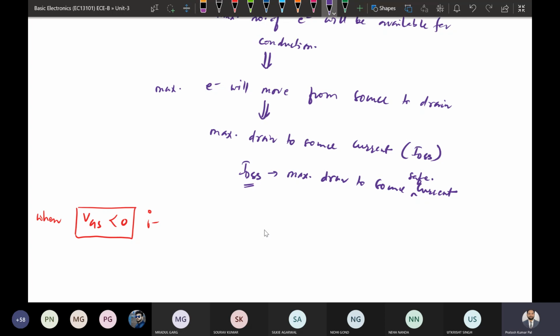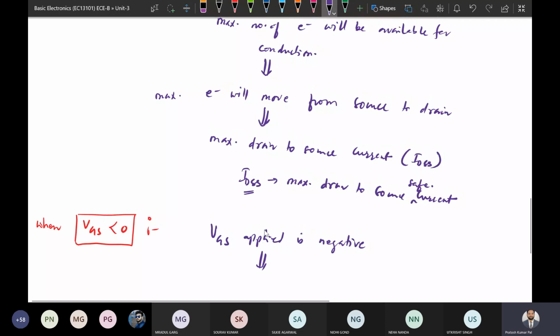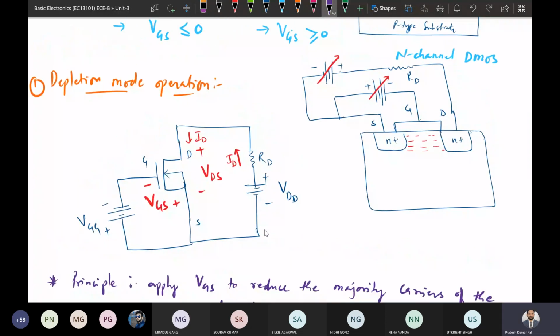If we apply negative, positive will be attracted and negative will be repelled. That means electrons will be repelled and positive charges will be created.